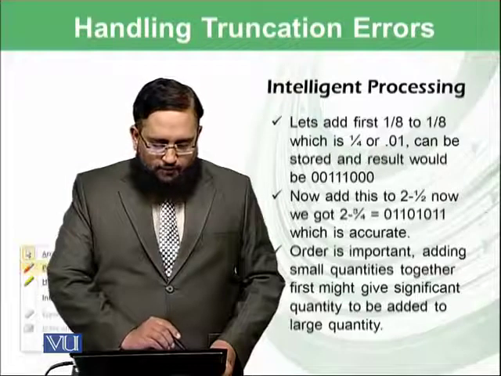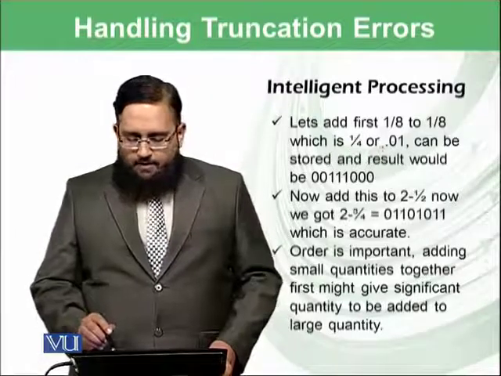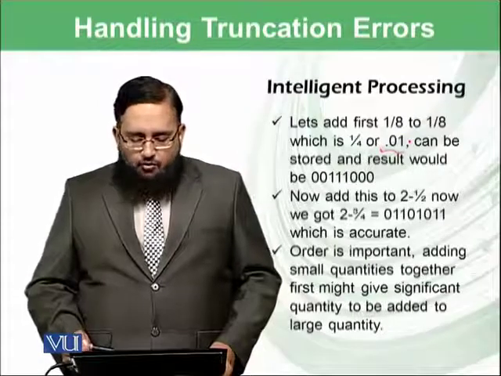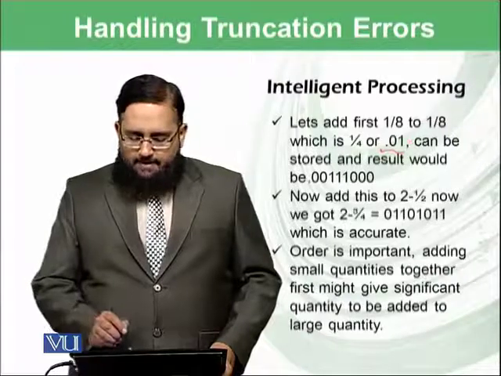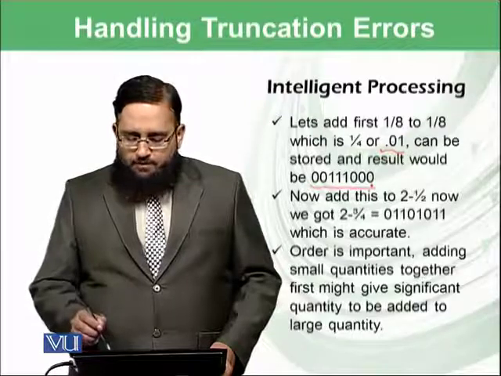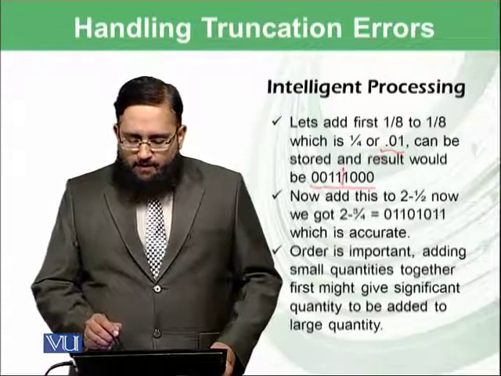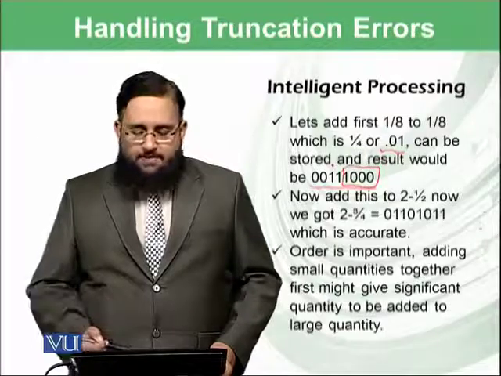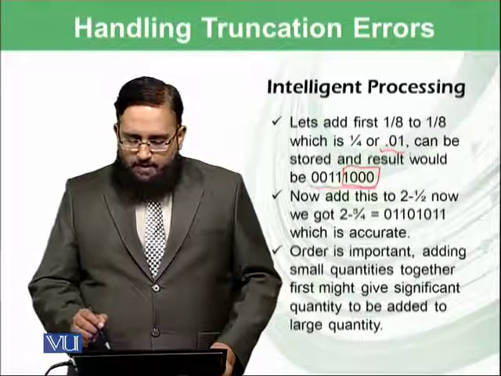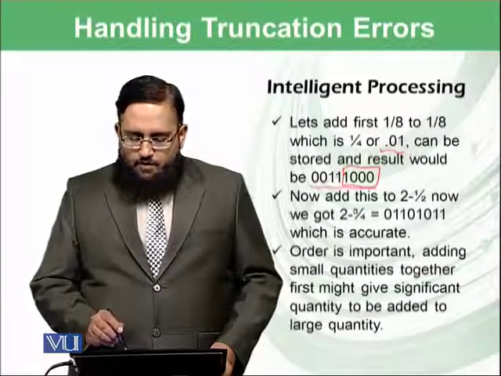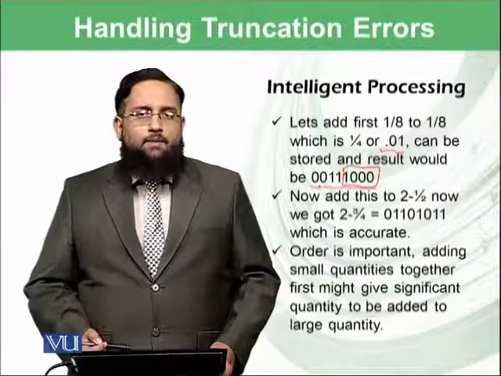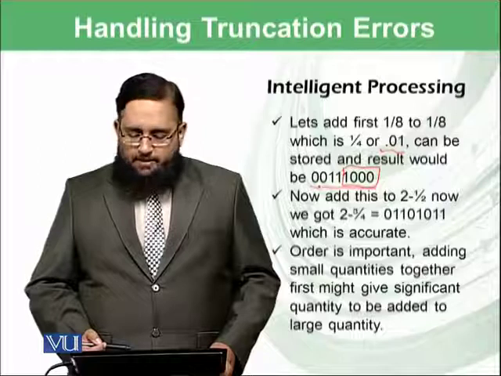That 1 by 4 means a bit pattern of 0.01, and that can be stored, of course, and the pattern would be 00111001. This 01 would be 1000. This would be the mantissa, and as we need to move the decimal point, we have stored 011 in the exponent as already explained, and as it's a positive number, we are storing 0 in the sign bit.